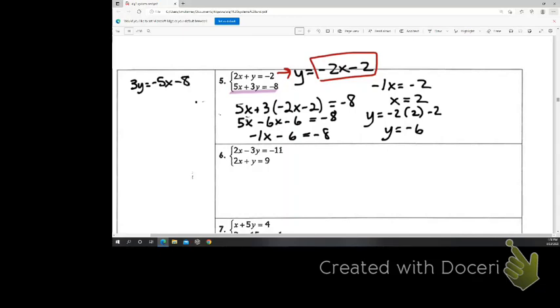And then I would divide everything by 3, and I would get y is -5/3 x minus 8/3. Whew, that's just lovely, isn't it? So then I would need to plug that in to the top equation. So then I would have 2x plus this stuff.